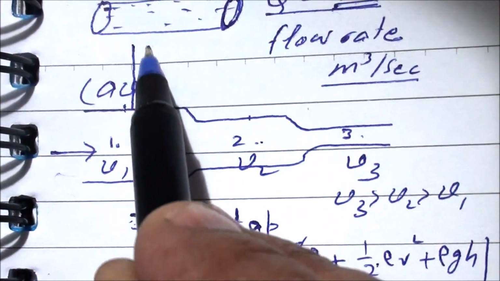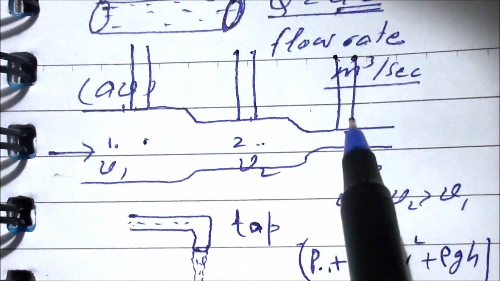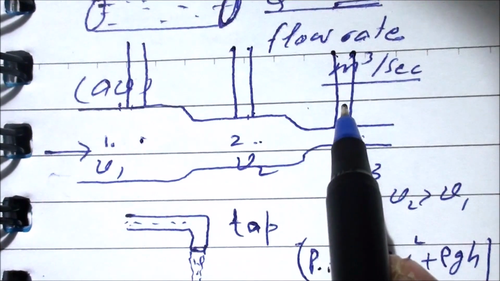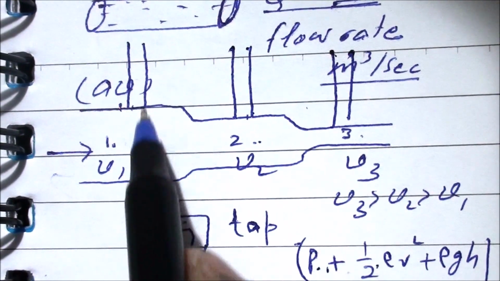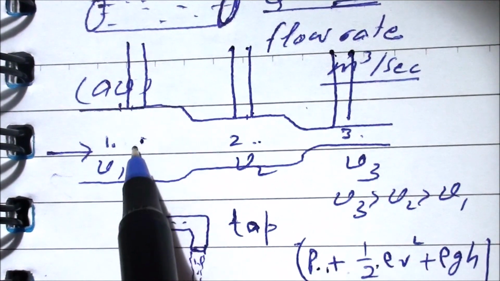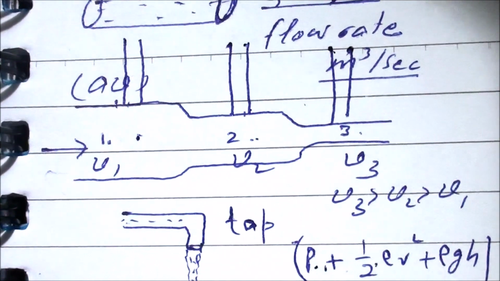If I make 3 tubes, one here, one here and one here, water will rise because of the pressure. Maximum height of water will be in this tube because here the pressure will be maximum because velocity is minimum.